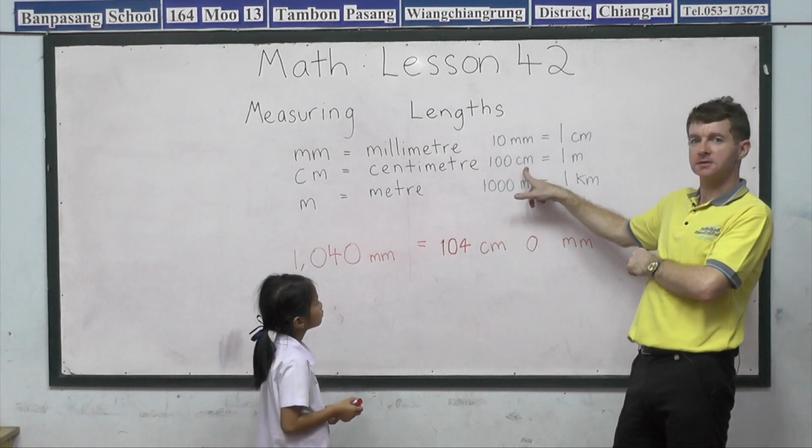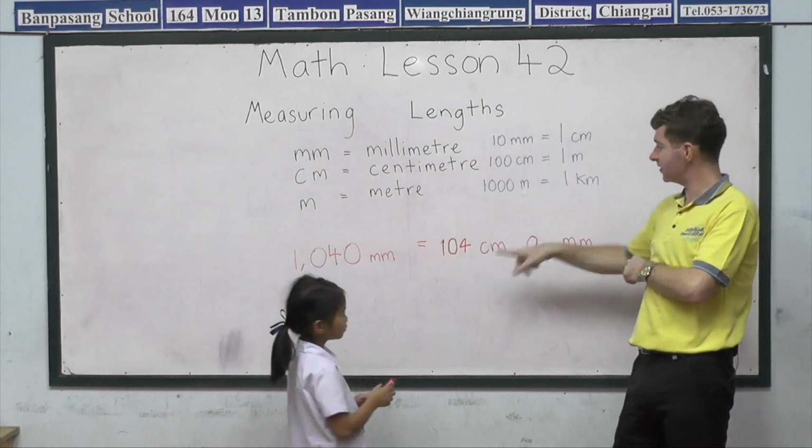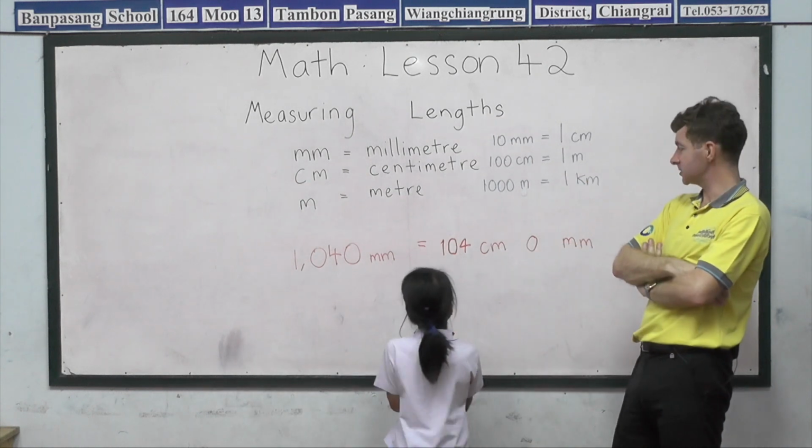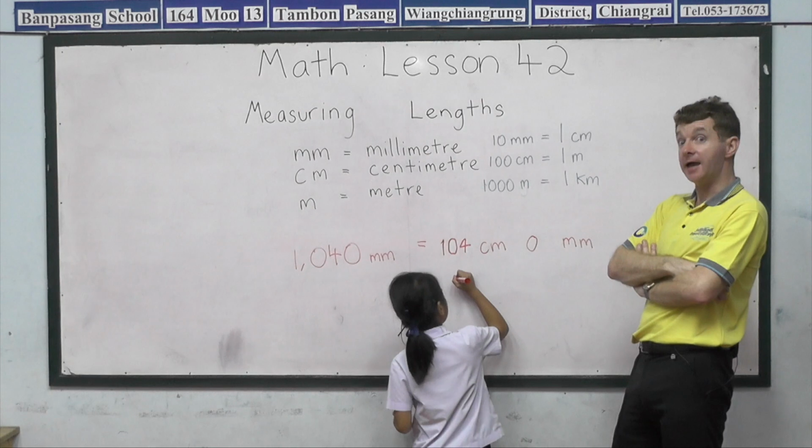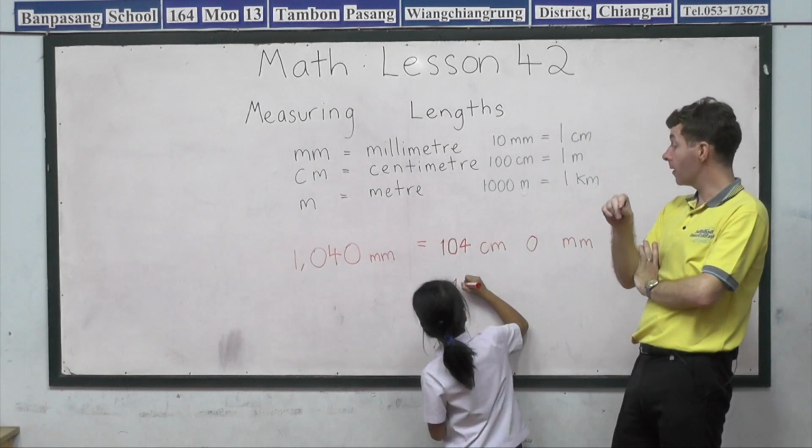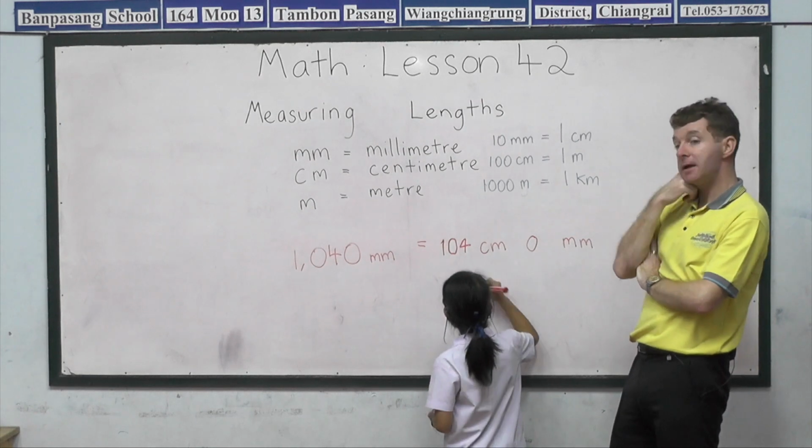100 centimeters equals 1 meter. So how else can we write this? We could say 1 meter, how many centimeters?